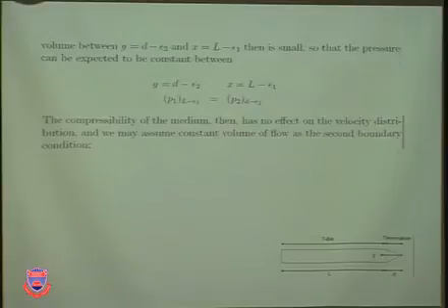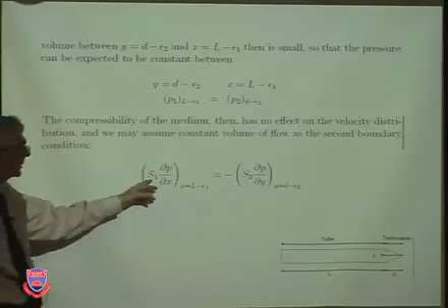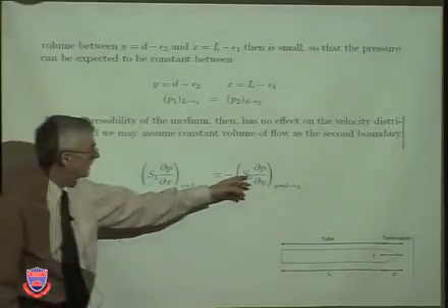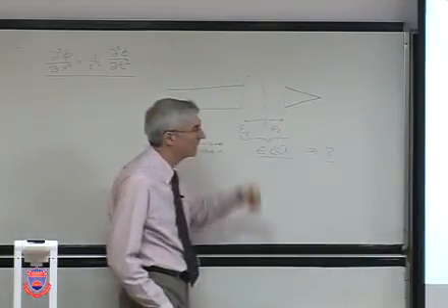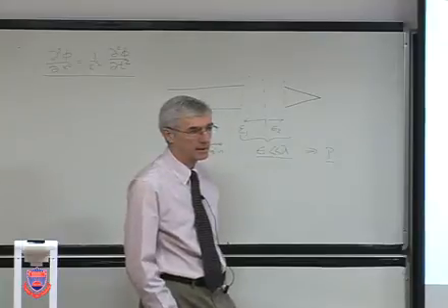Again, we say the compressibility of the medium has no effect on the velocity distribution. Once again, plane wave distribution, but this time we are interested in the cross-sectional areas. Of course, where they meet, both areas will be exactly the same.